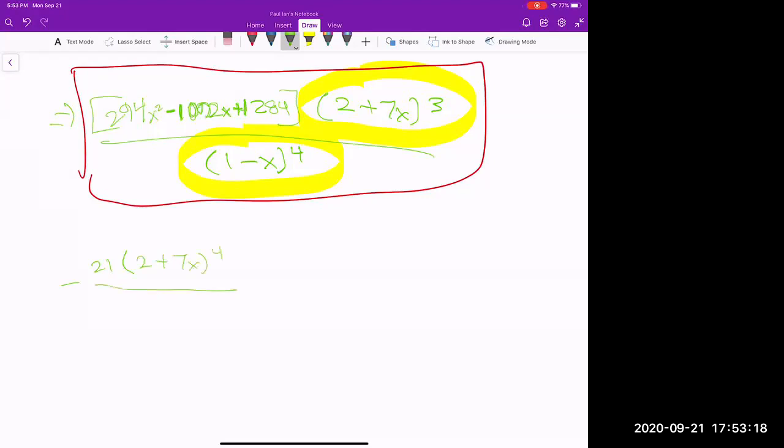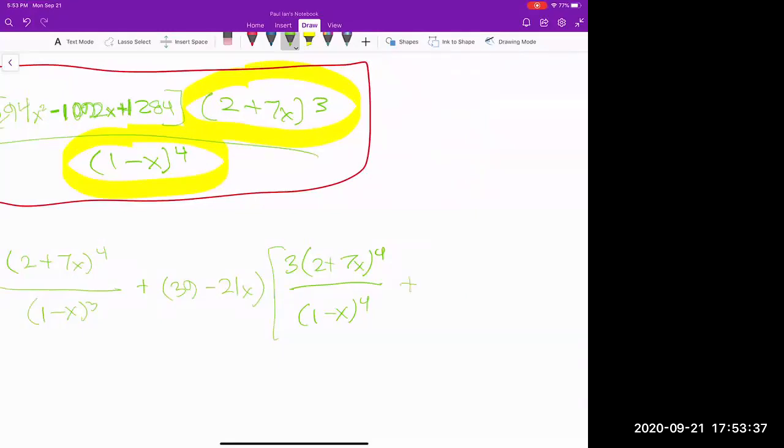You got this guy coming, and then you have this. See if we can create the top one with this guy. One minus x, and 28. 1 minus x cubed.